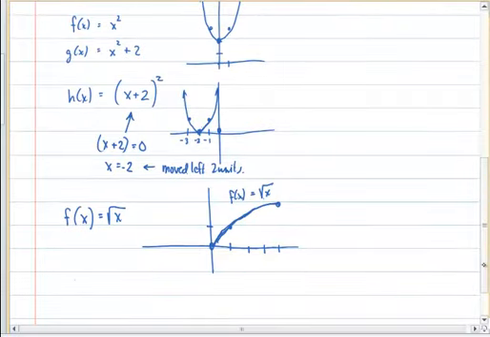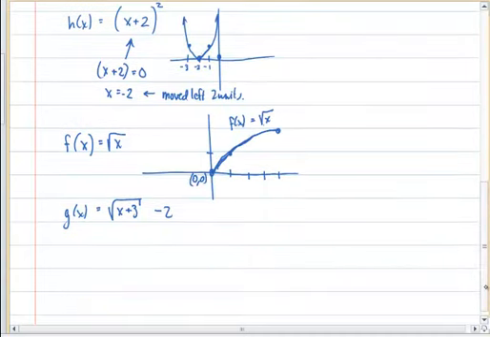Now let's say I have a combined movement. Let's say g of x, and someone's trying to trick me and they say it's got the square root of x plus 3 minus 2. That would move our origin point. It's going to move in two directions.